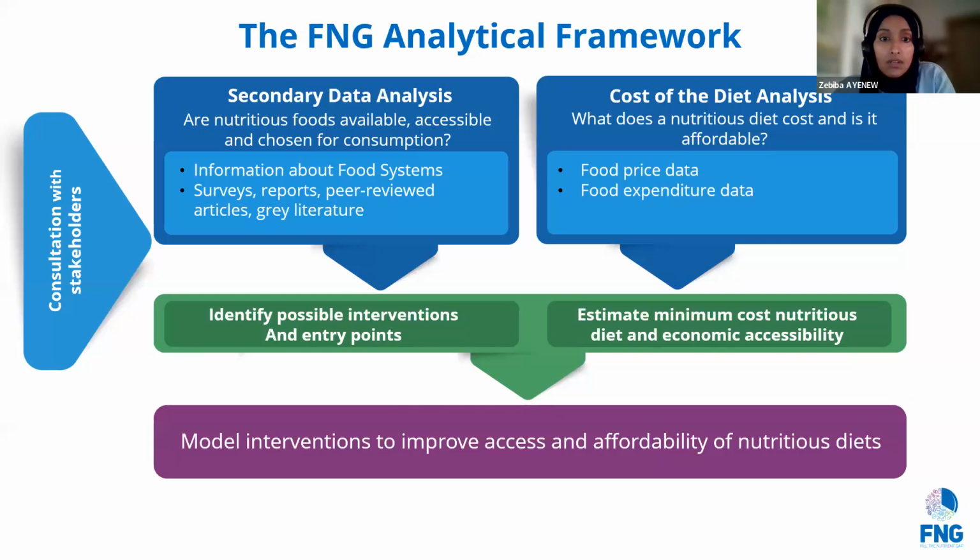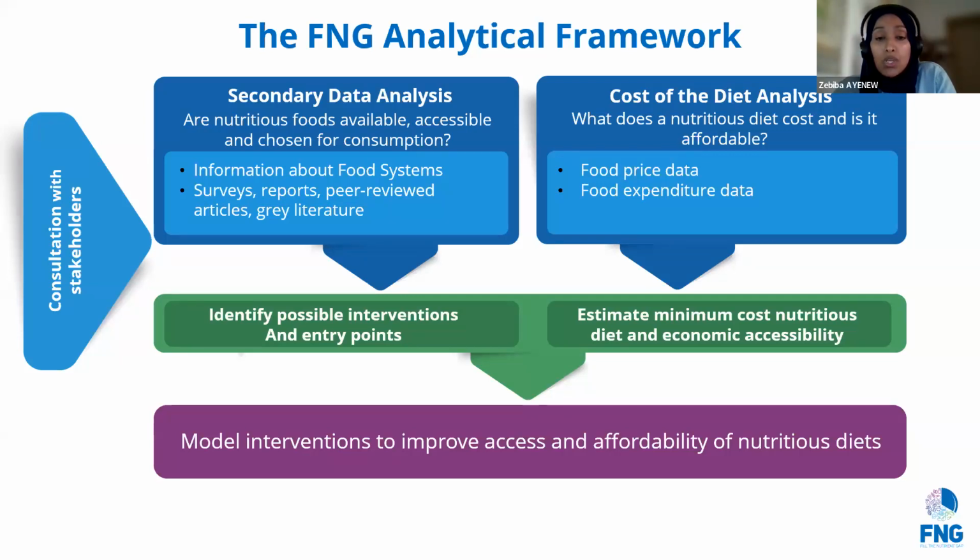So this is the Fill the Nutrient Gap analytical framework. It shows 2 major components of the analysis. The first component is the secondary data review that we do to understand the food system situation, malnutrition situation, nutrition situation in the context where we are doing the analysis.